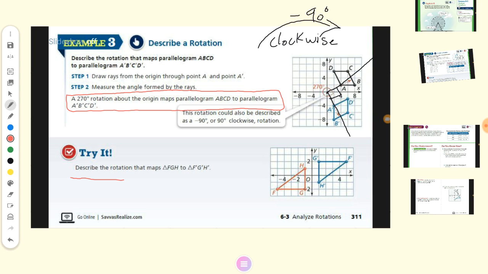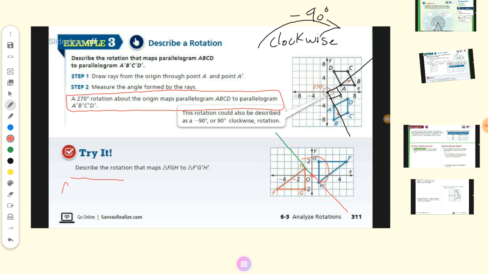If you draw a line from the nearest point to the origin, which is H, straight line like this, and another straight line between the origin point and H dash, it will be like this. What is this angle? It's 180.